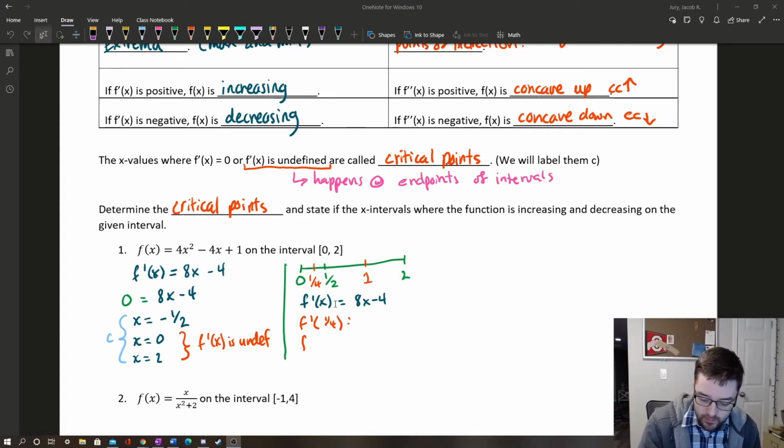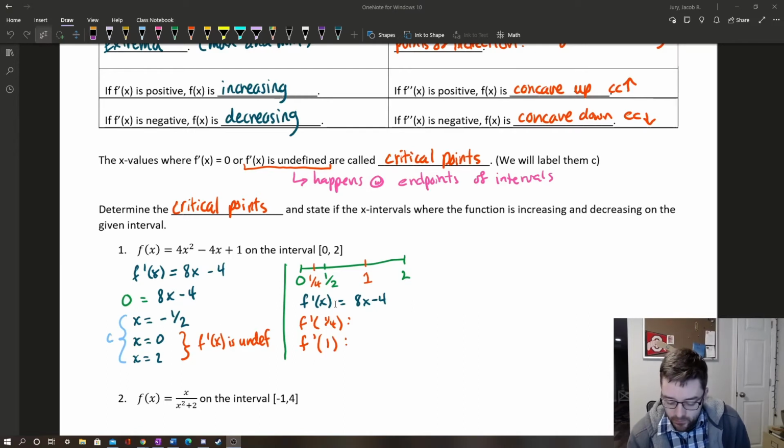The answer we get for f prime of x at 1/4 is going to be negative, because we're going to have 2 minus 4, that's negative. If we plug in 1, we get a positive. We have 8 minus 4, that's positive.